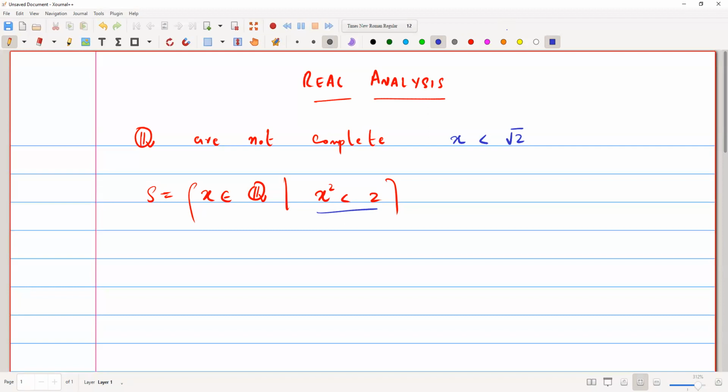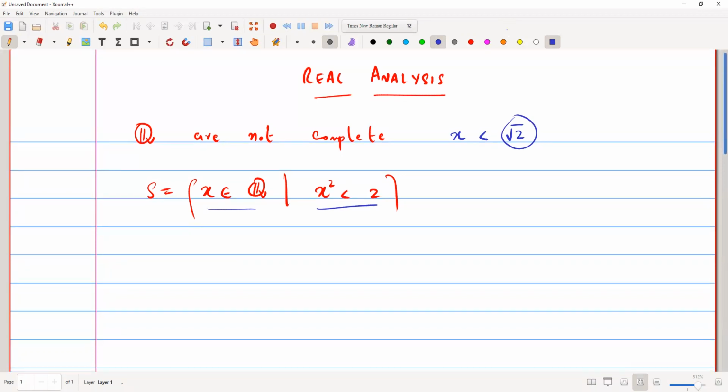So here x belongs to the rational numbers. But root 2, the upper bound of the set, does not belong to the rational numbers, and we will prove in this class that square root of 2 is not a rational number.